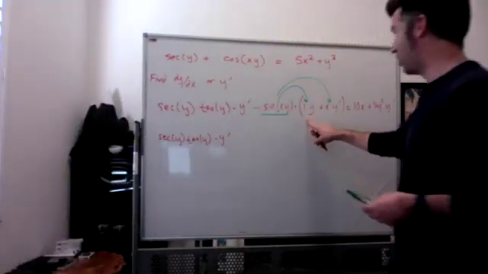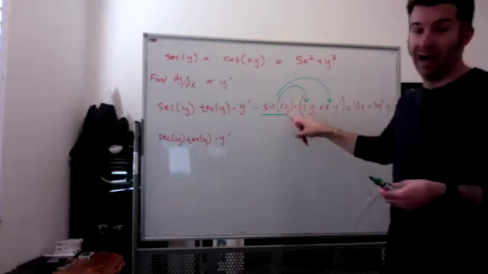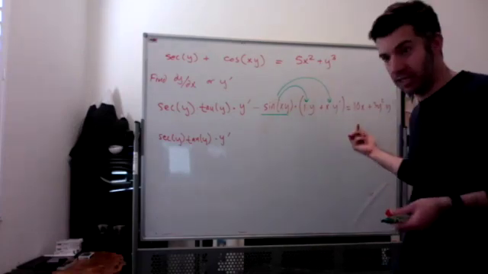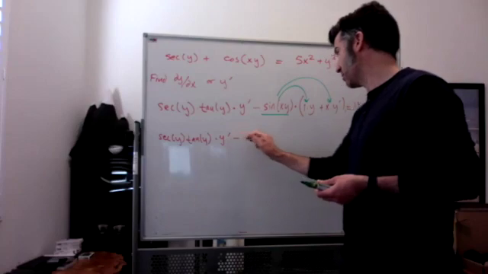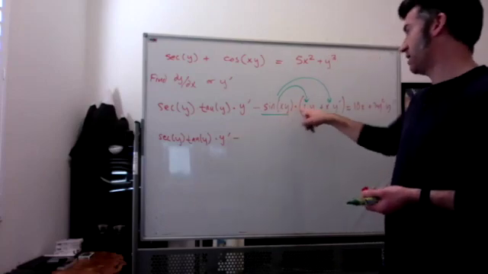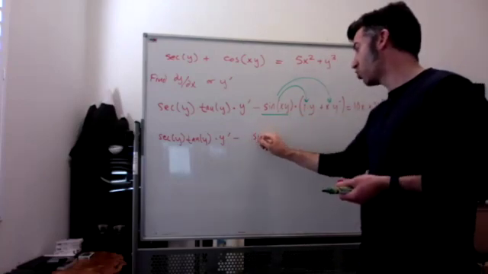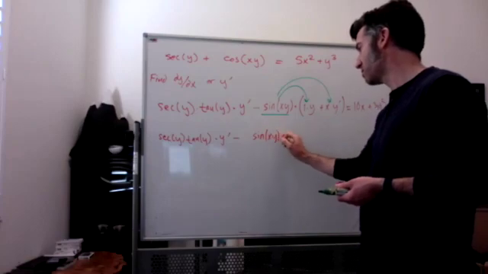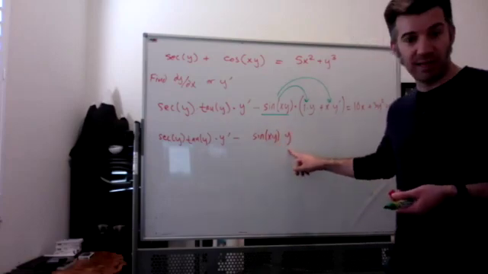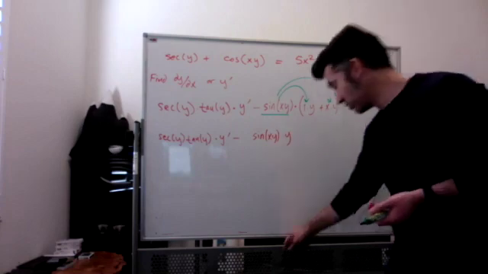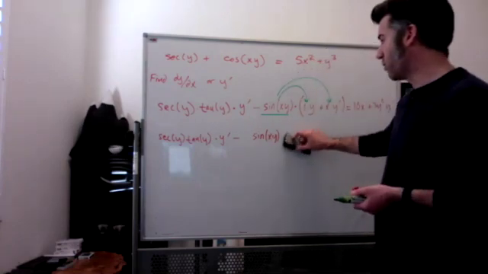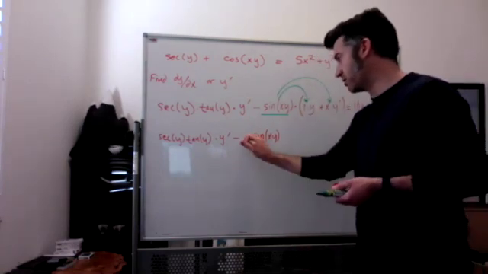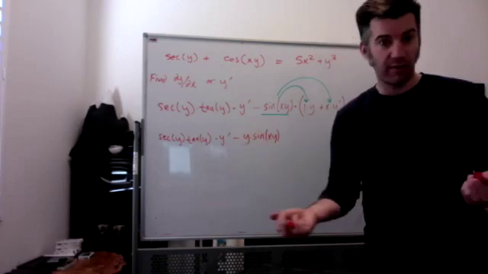Same deal here. This 1y plus xy prime is not inside the sine function, it is outside of the sine function. I'm going to distribute sine of xy times y. You could write it like this, but it's easy to make the mistake of thinking that y is inside the sine function. Usually, we put other things in front of the sine or whatever trig function you've got.